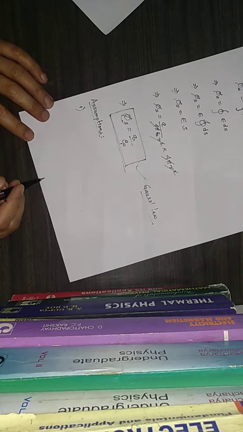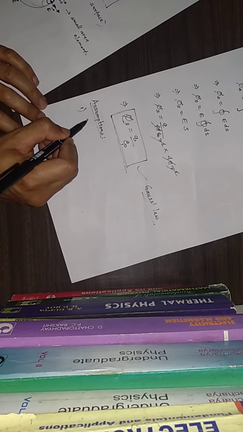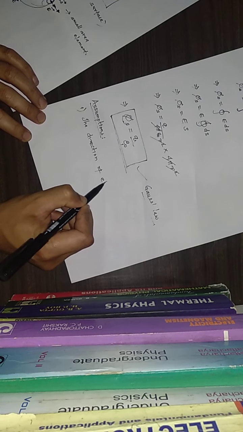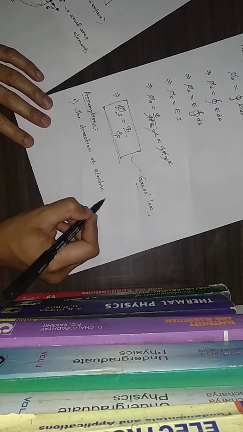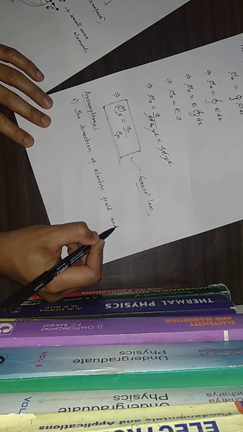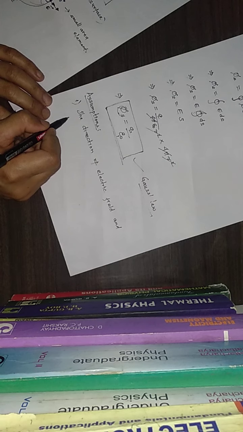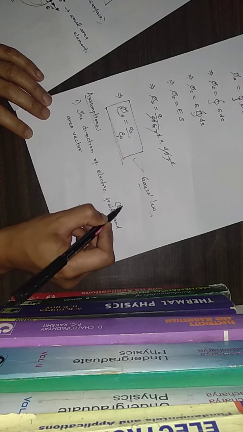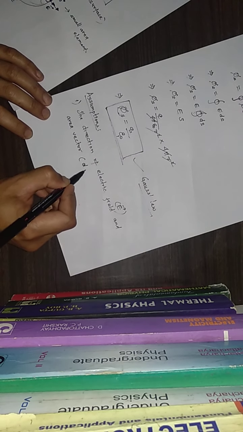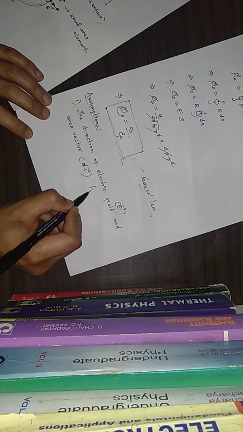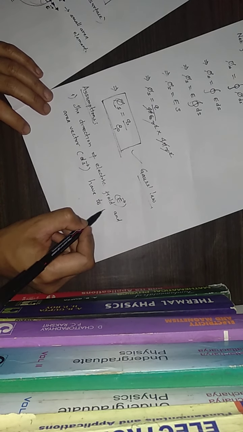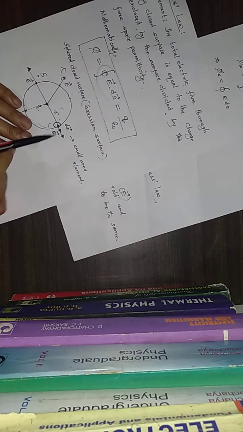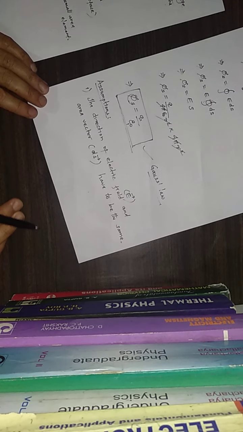The first assumption is that the direction of the electric field and the area vector have to be the same. The electric field is the E vector and the area vector is the dS vector. This E and dS should always be along the same direction.